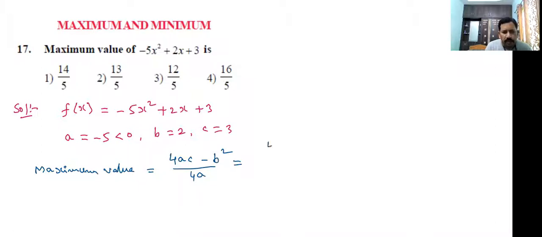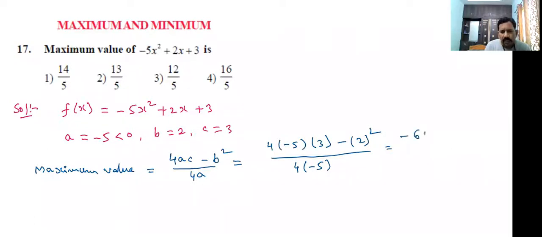Substitute: 4, the a value is minus 5, c is 3, minus b square, b is 2 square, divided by 4 into minus 5. Students, simplify this. 4 5s are 20, minus 60 minus 4, minus 20. See, this is 64 by 20.